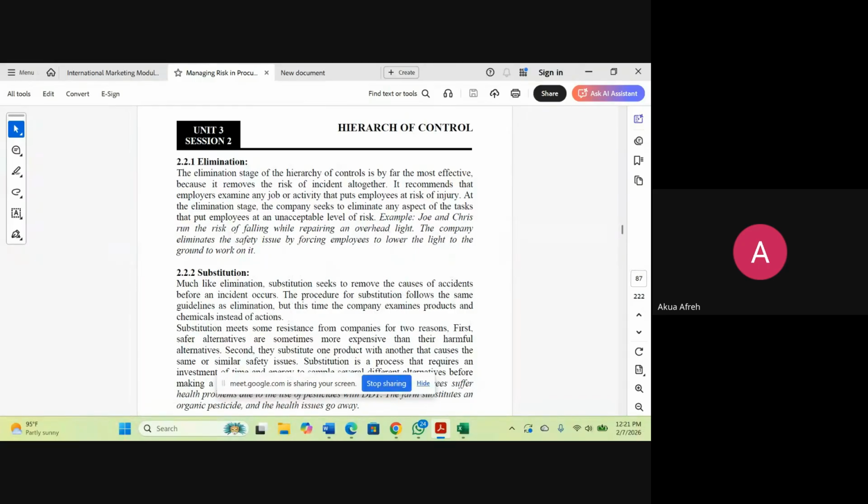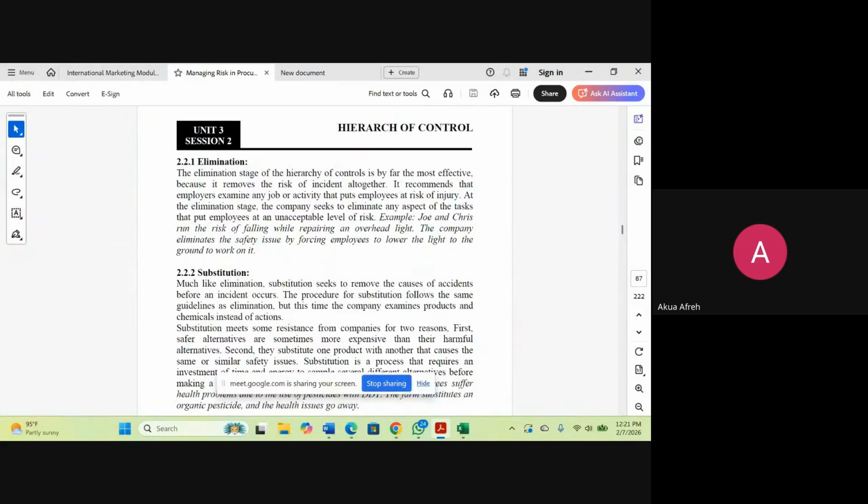The elimination strategy replaces the manual lifting with some automated system, maybe a conveyor. So it takes away what is likely to cause the risk and eliminates it.